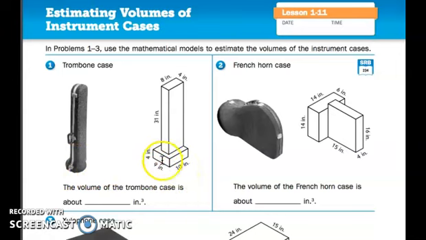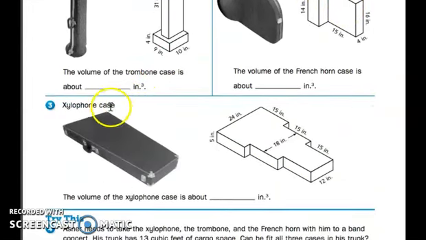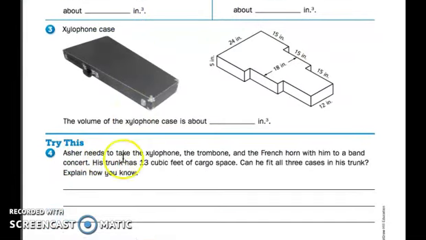When you add those two volumes up, you'll find the total volume of the trombone case. And remember, it's always in cubic inches. I want you to work through this and see if you can do the trombone case, the French horn case where you're adding these two shapes up, the xylophone case, and then the try this.